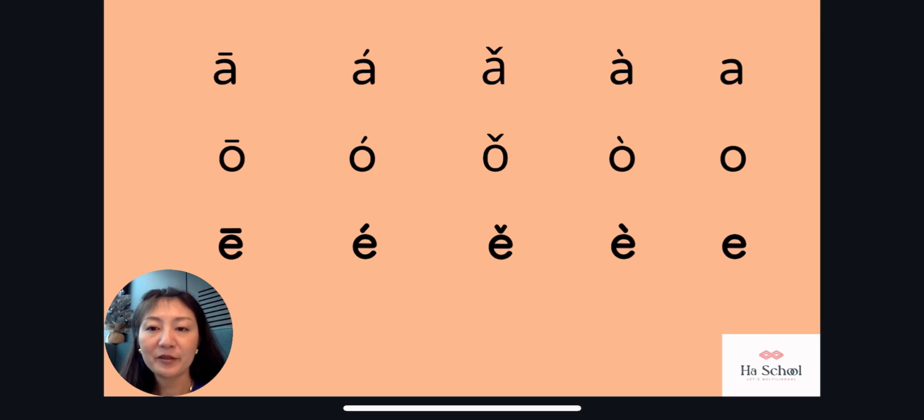Now let's take a review. I will start with a as an example to demonstrate how to combine the tone with a vowel. Let's start. A, a, a, a, a. O, o, o, o, o.